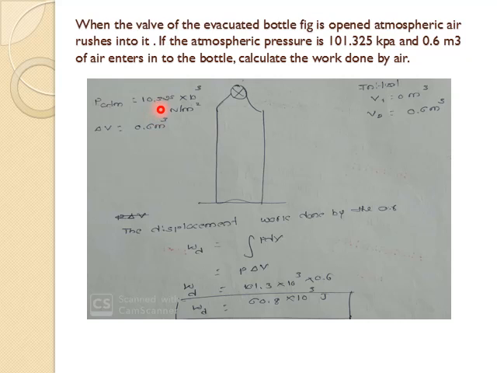We know the pressure P, which is atmospheric pressure, and delta V, which is 0.6 meter cube. If you do that, you will get the work done during this process, which is 60.8 into 10 to the power 3 joule. This amount of work has been done on the system to enter into the bottle.